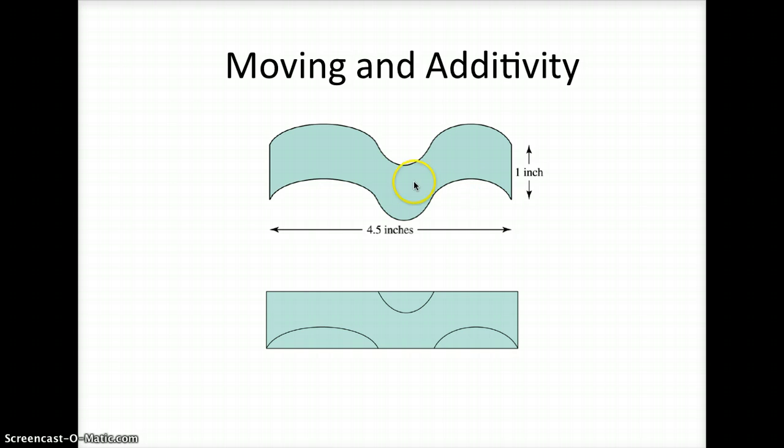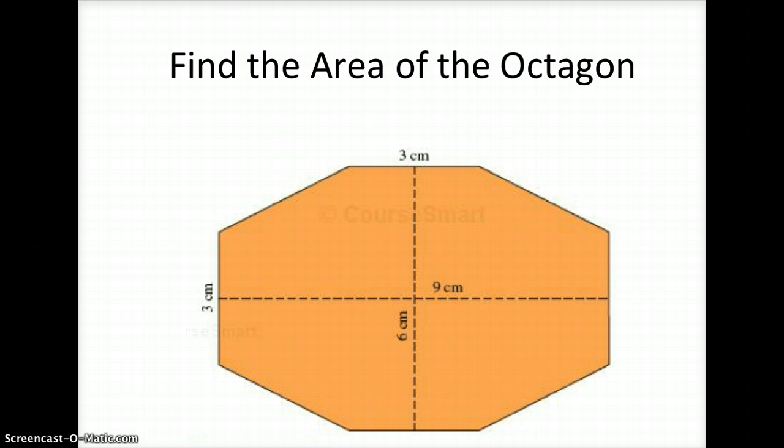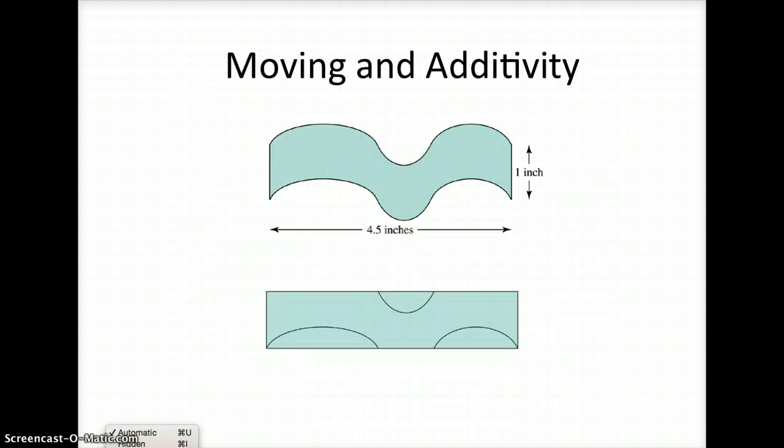You can see this is a figure from the Beckman book where we have some sort of a figure, and we take this top portion and essentially cut off that top portion and move it down to the bottom here in order to make this bottom figure.